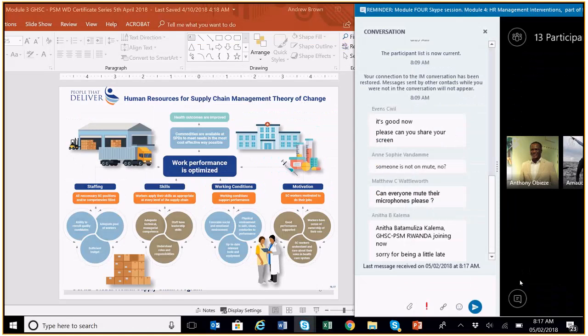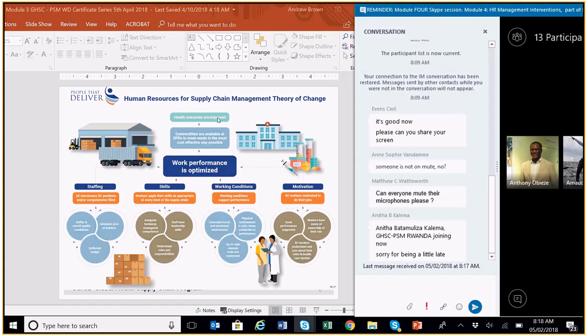And on the screen in front of you is a document that's about to be published, so you're getting an early look at this particular document. This document is the theory of change for human resources that the People That Deliver initiative with USAID funding is working on.